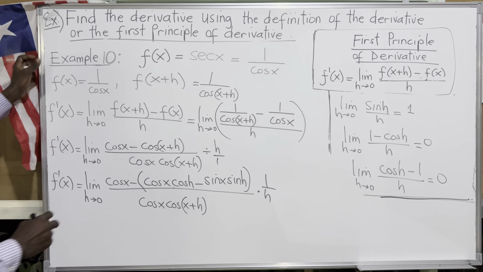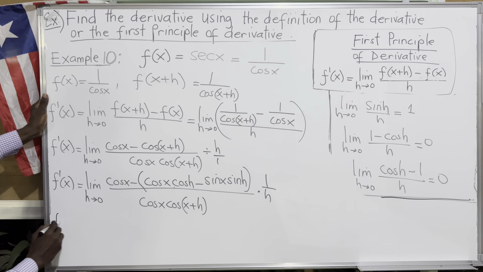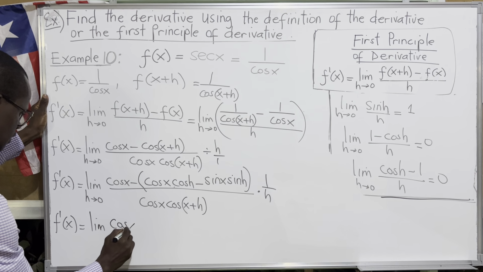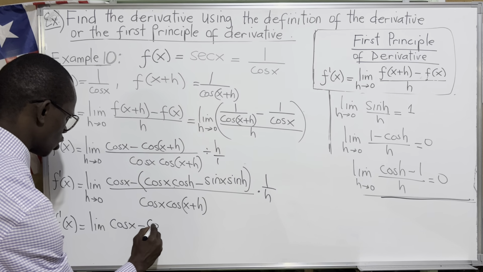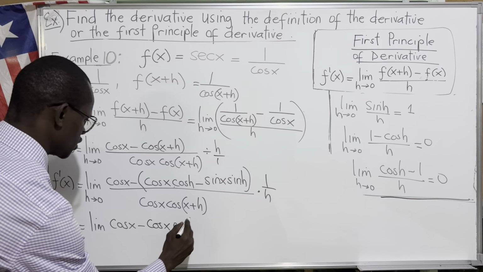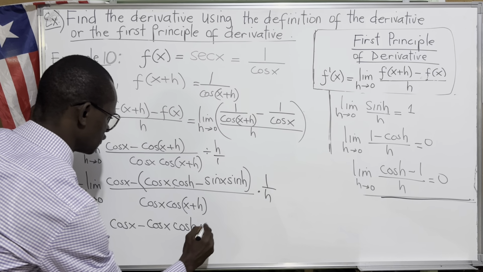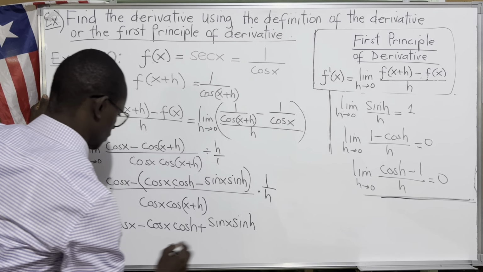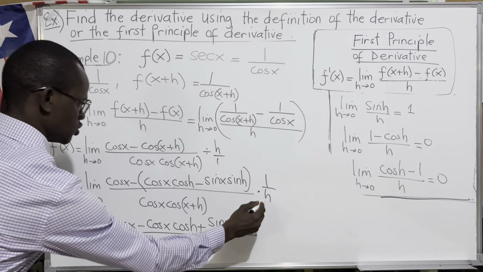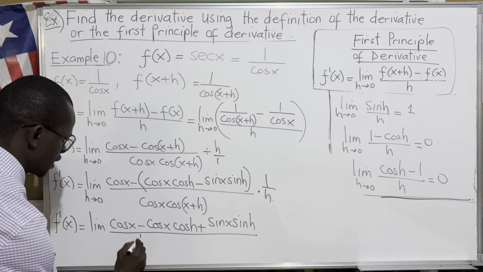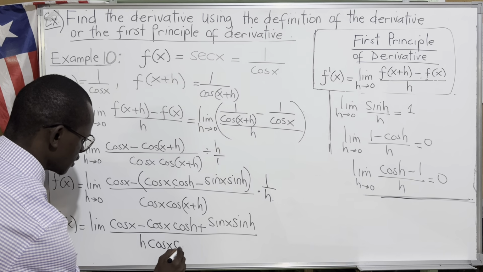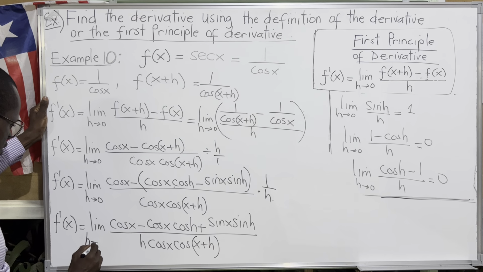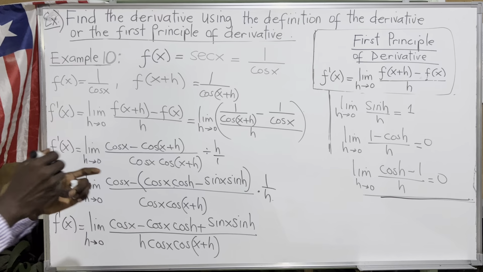Now what do we do next? We multiply this negative. So f prime of x equals the limit of cos of x minus cos of x cos of h, negative is positive, sine of x sine of h, divided by, so multiply this by this one, we have h cos of x and cos of x plus h, as h now is approaching 0.